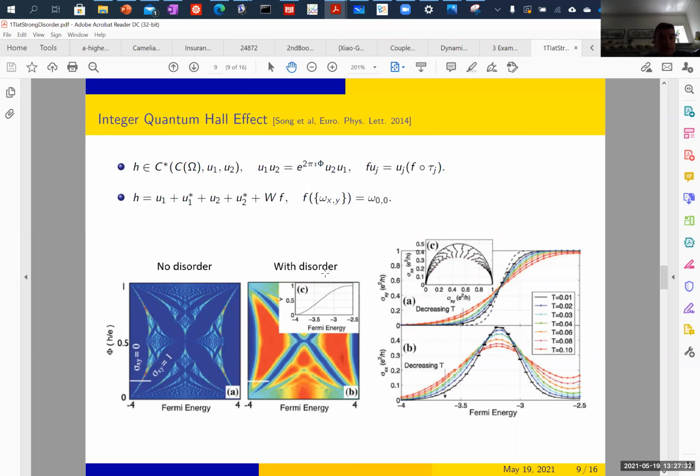Just to show again why the regime of strong disorder is remarkable, if you take the Hofstadter Hamiltonian, here is the spectrum mapped by magnetic flux and Fermi energy. It has a lot of gaps, as was mentioned many times.